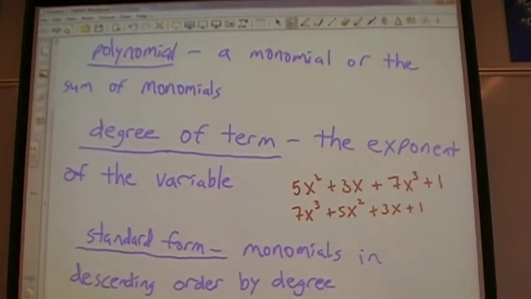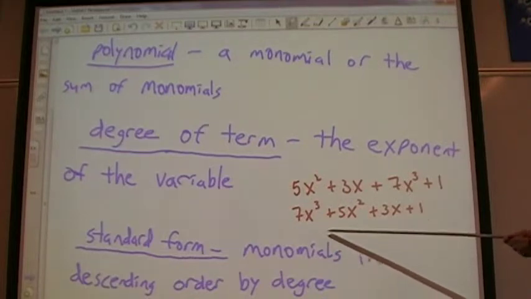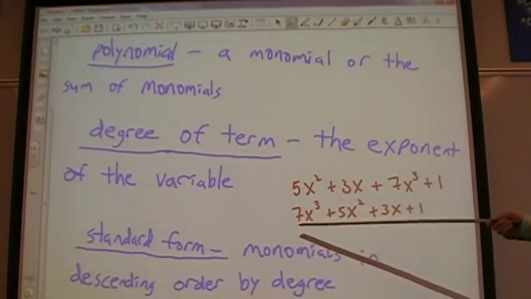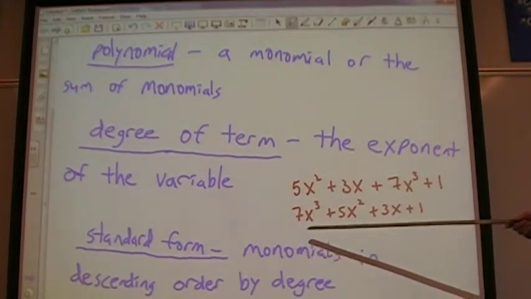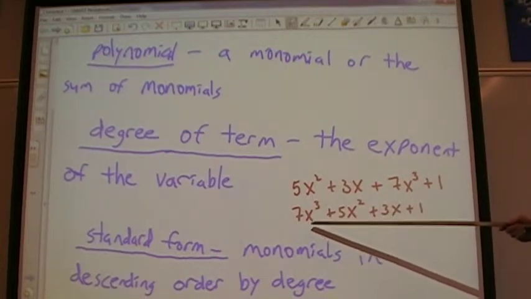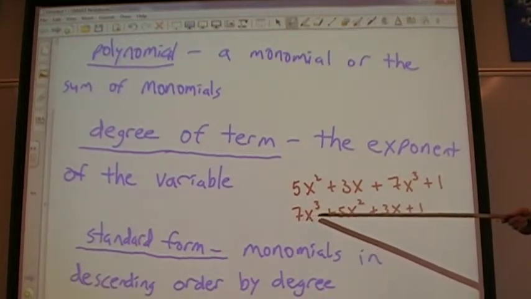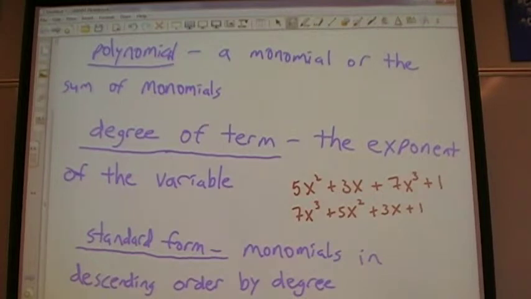The next thing we're going to have to do is be able to classify these by the degree. And what's the degree here? 3. Just 3. It's the largest exponent. You had to classify it by degree, so this would be a cubic polynomial of 4 terms. Okay. Classify it by the number of terms. If it was one term, what would it be?